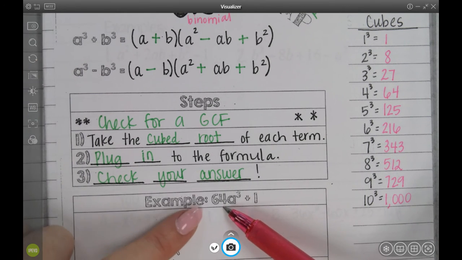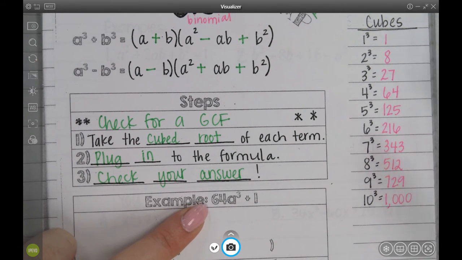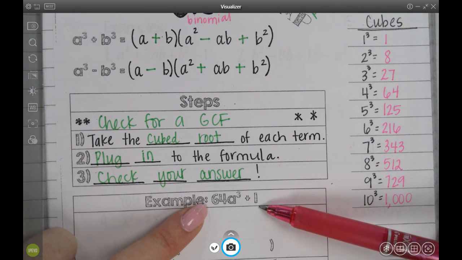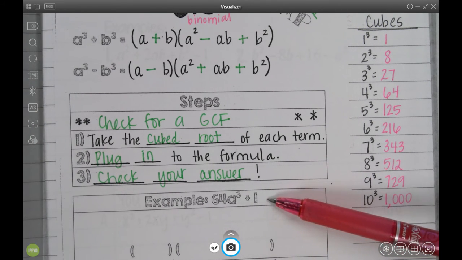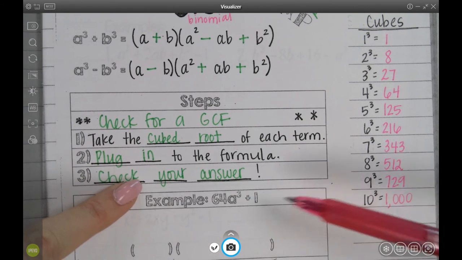Is 64 on our list? Yes. Is 1 on my list? Yes. So it is the sum of 2 cubes. So now I'm going to follow my steps. I didn't have a GCF. And I'm going to take the cubed root of each term.